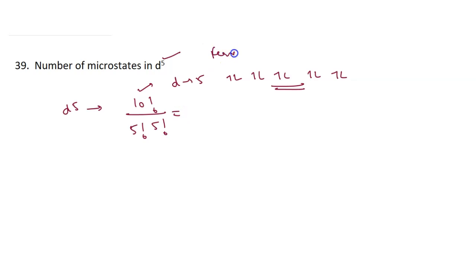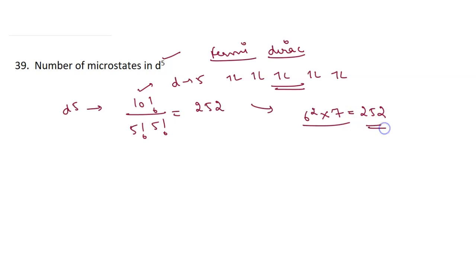This is Fermi-Dirac, because electrons are fermions, so they follow Fermi-Dirac distribution. So this was equal to 252, and in the options 252 was not directly given. It was given as 6 square into 7, which gives me 252. So this was the correct option.